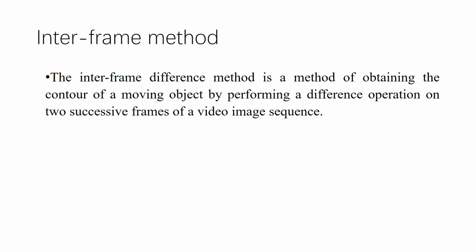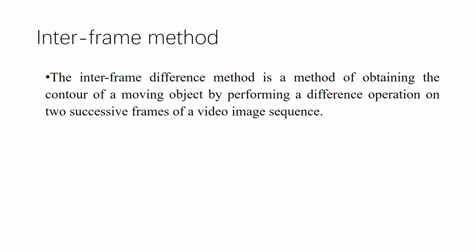So the two frames will be subtracted and we will get a value, and we compare the value with a certain threshold, like T, so we can judge if it's bigger or smaller than the value, and then we can analyze motion characteristics of objects in video or image sequences.